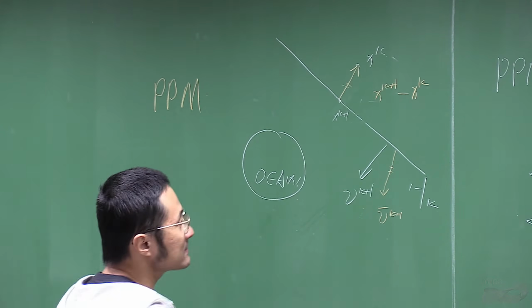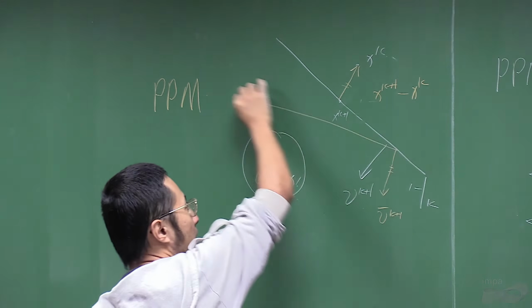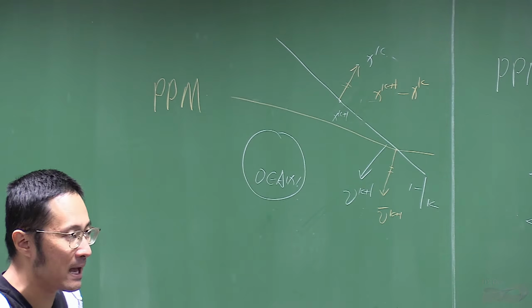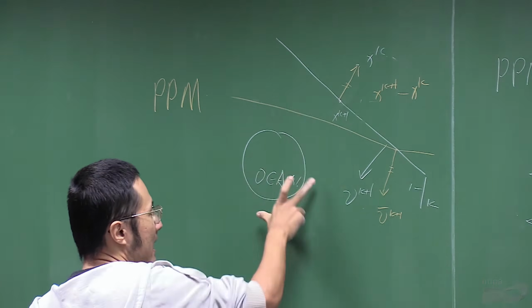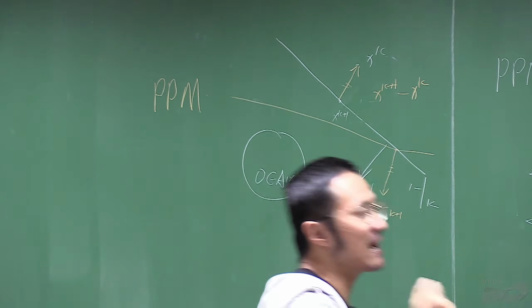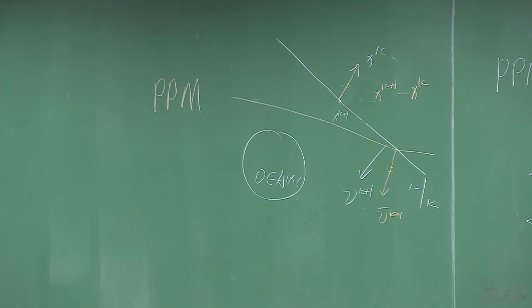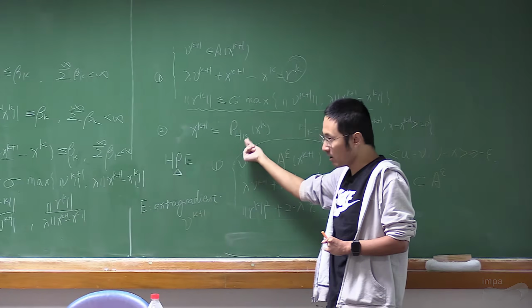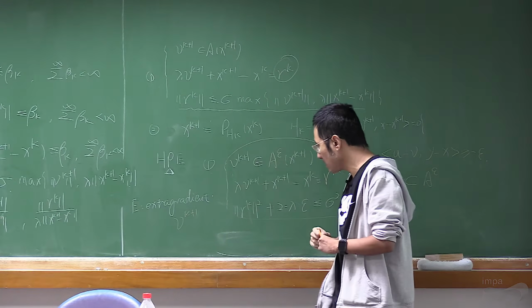But it can still generate a hyperplane which can separate xk and the solution set. This is exactly the idea in the first algorithm. That's why we can still use the projection to a hyperplane here.